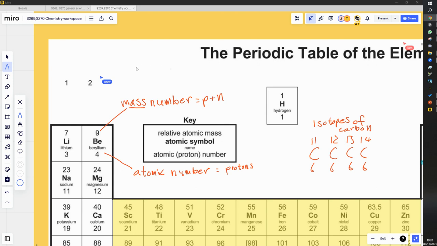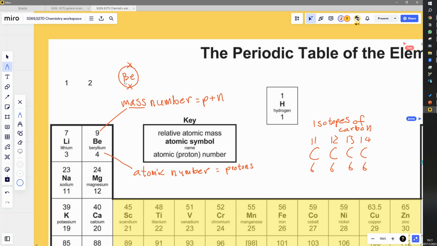So what I'm going to do, in fact, I'm just going to not bother with drawing the nucleus. I'm just going to write Be in the middle, and then I'm going to draw a circle around it, and I'm going to draw the electrons. Now if it's neutral, then it's got 4 protons. It's going to have 4 electrons to balance it out. The first shell can only hold 2 electrons.